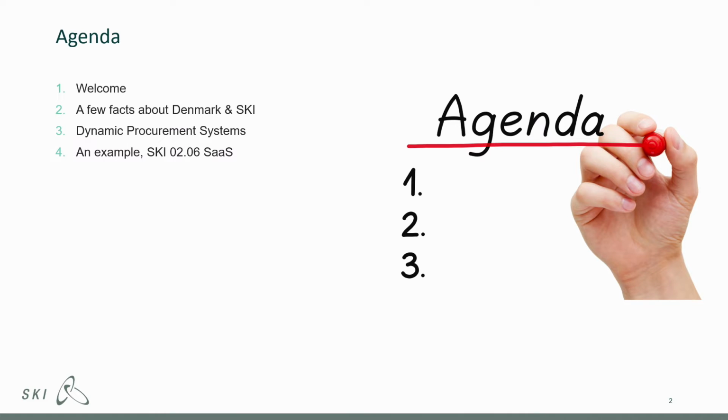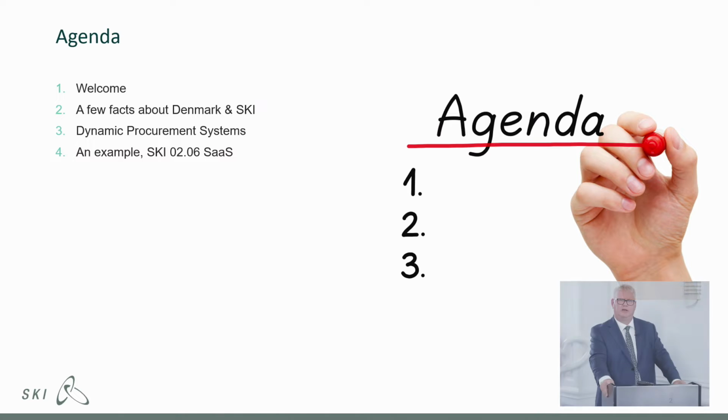Here's the agenda that we have prepared for you. A short welcome, which should be done by now, and then we will go on with a few facts about Denmark and SKI. I will talk a little bit about dynamic procurement systems and why we are using those in the Danish market for software.